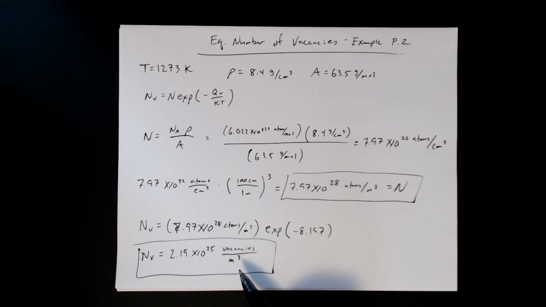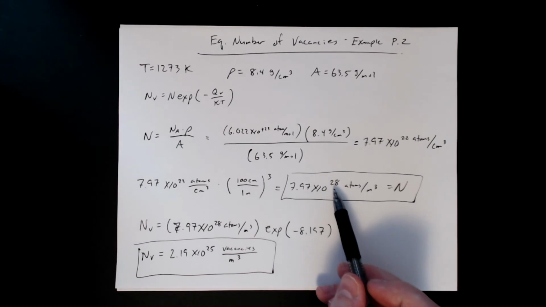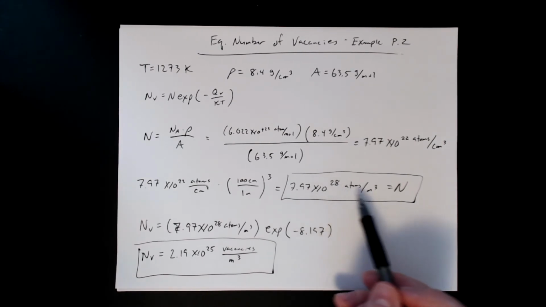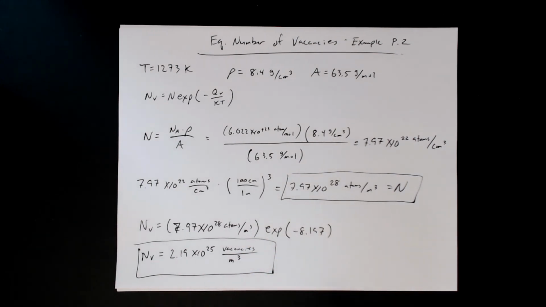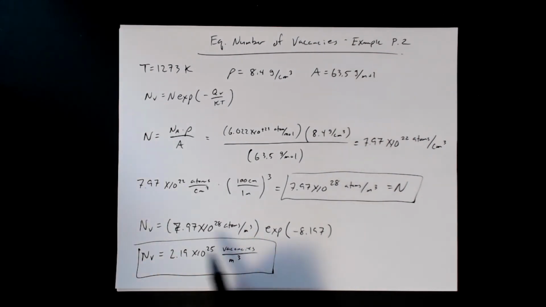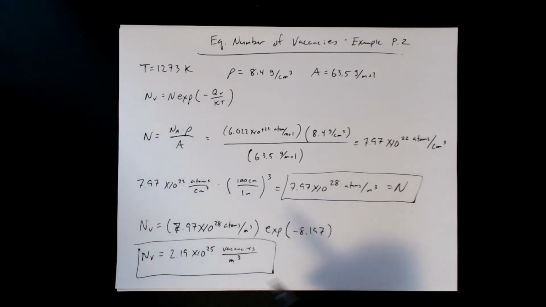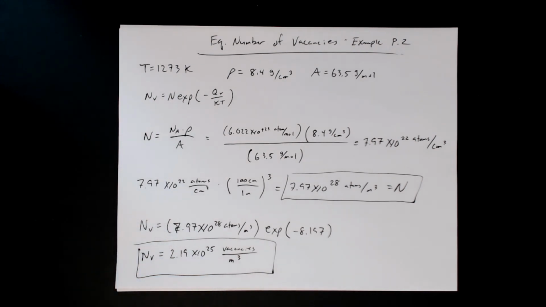So even though the fraction is quite low, the overall number of vacancies is quite high, but we're talking about 10 to the 28 actual atoms per meter cubed. So it's still a pretty small fraction. Whether you look at it as an absolute or as a fraction, it's the same thing, but it shows us what kind of numbers we're talking about here.